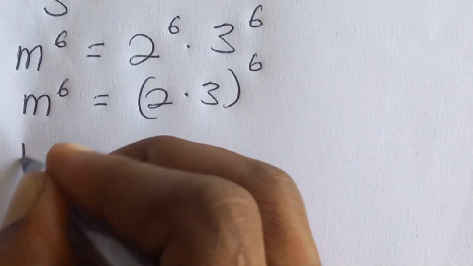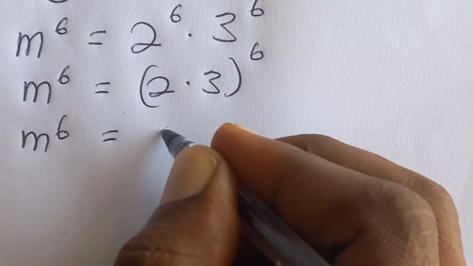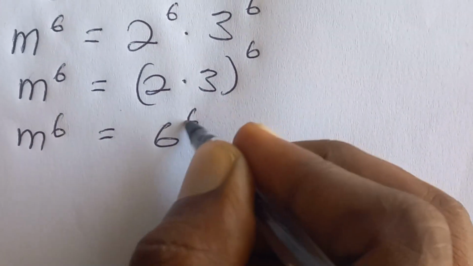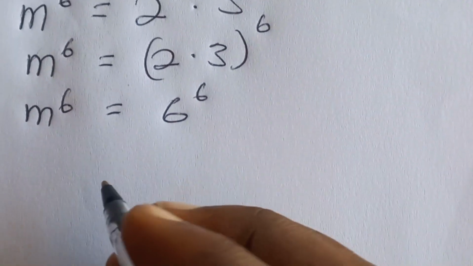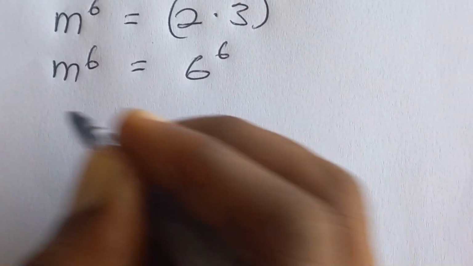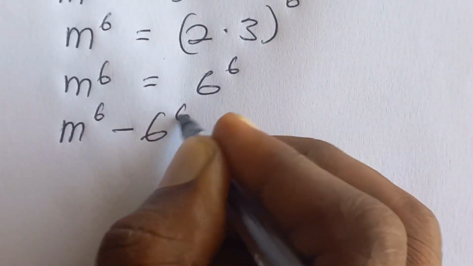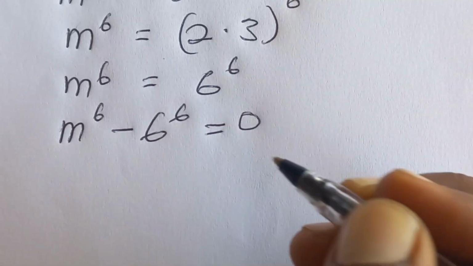Now, m^6 is equal to 2 times 3, which is 6, so 6^6. So we need to move all the terms to one side and equate it to 0. So we are going to get m^6 minus 6^6 is equal to 0.